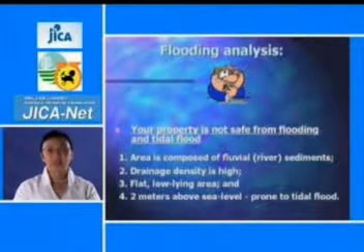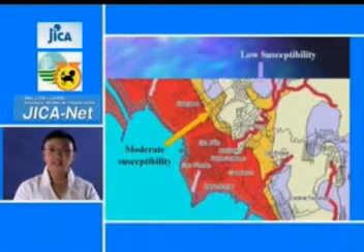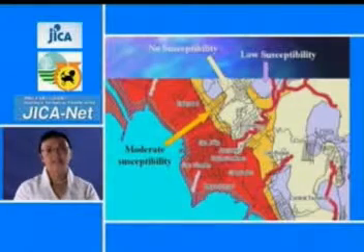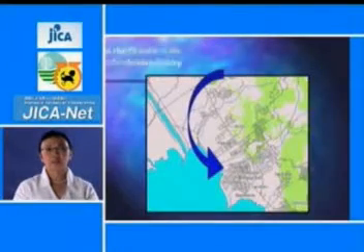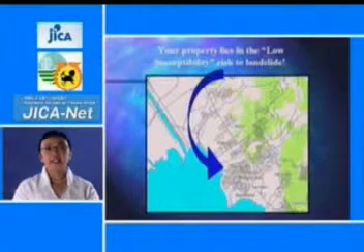Now that you know these facts, you might start to find a safer place where flooding susceptibility is either moderate, low, or none. The map shows that your area is in the low susceptibility zone.